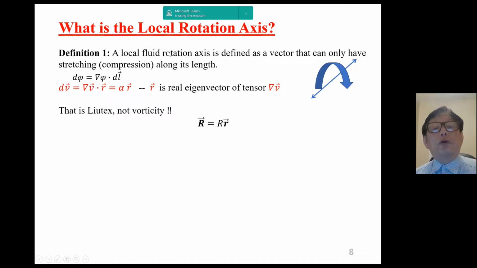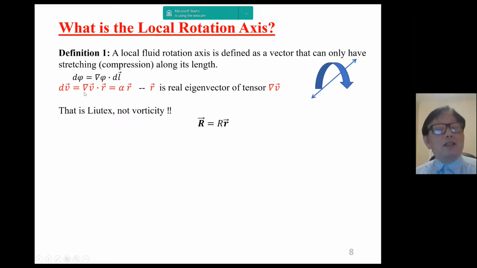We also look at what the local rotation axis is. We give the definition: a local fluid rotation axis is defined as a vector that can only have stretching or compression along its length. That means the vortex axis cannot rotate. So this will give dv, the velocity increment.